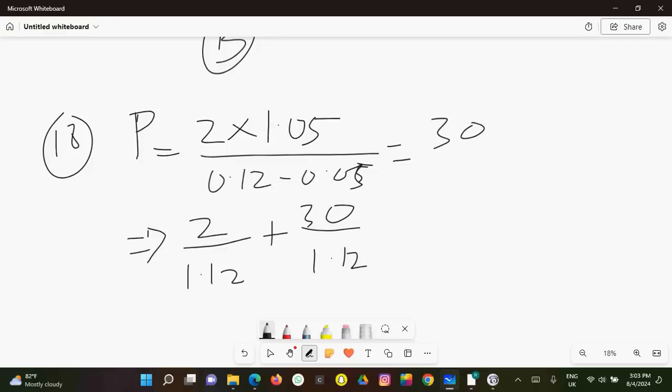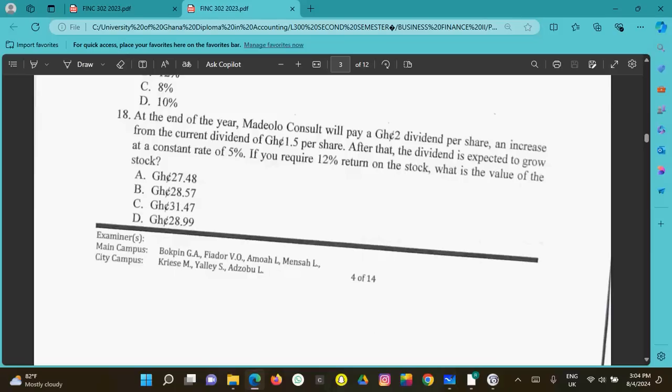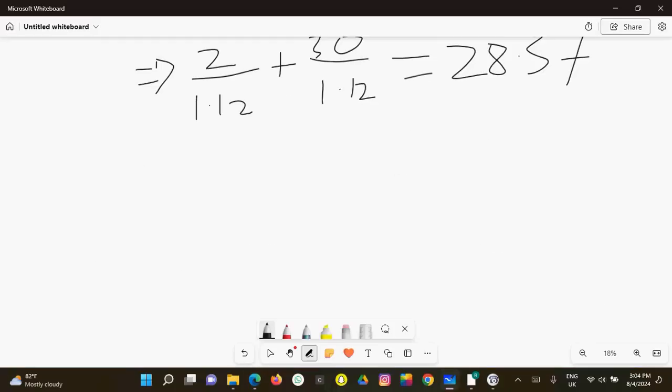You can also, if you like, do 30 plus 2 over the same distance, and we are going to get a price of 28.57. So 28.57 is B. So the answer option is B.